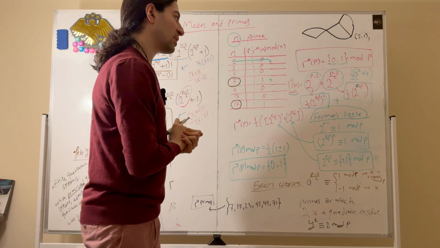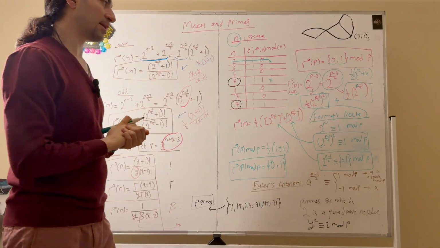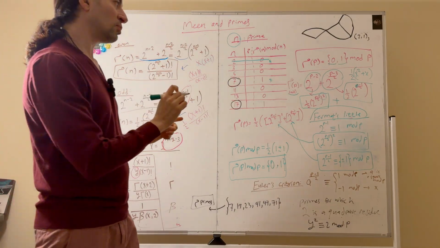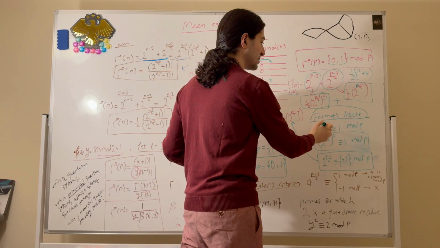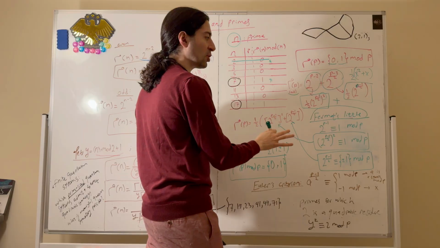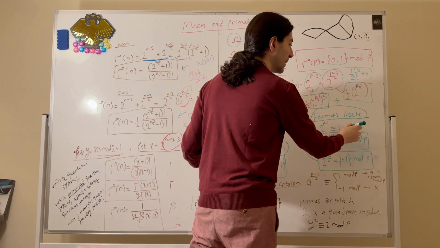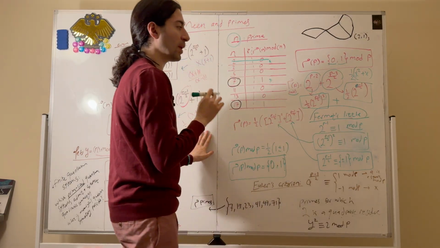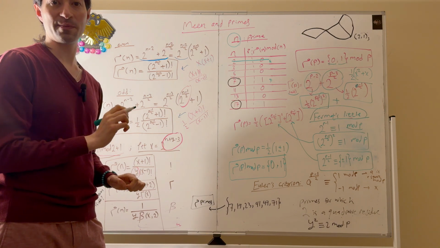Now, we know from Fermat's little theorem that 2 to the power of p minus 1 is congruent to 1 mod p, when p is a prime number.